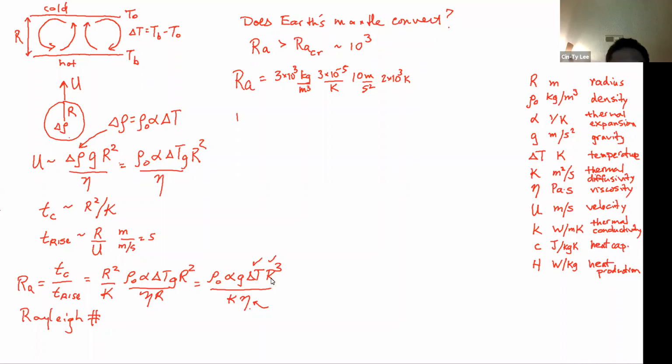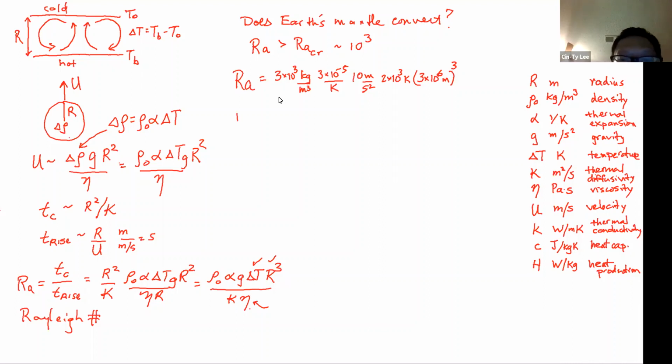And then R, where we're talking about, is 3,000 kilometers from the top of the Earth to the core mantle boundary. So that's 3 times 10 to the 6 meters, right? I'm going to convert kilometers to meters, and there's a cube right in here. Note, I am putting everything in units of SI, so everything is consistent.